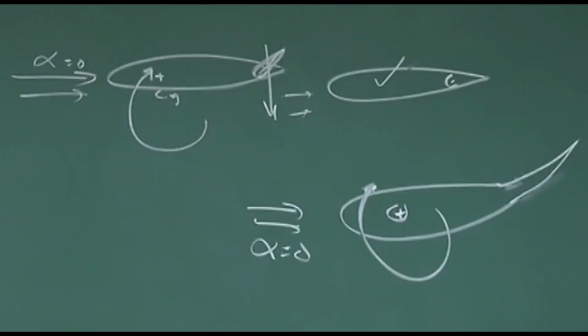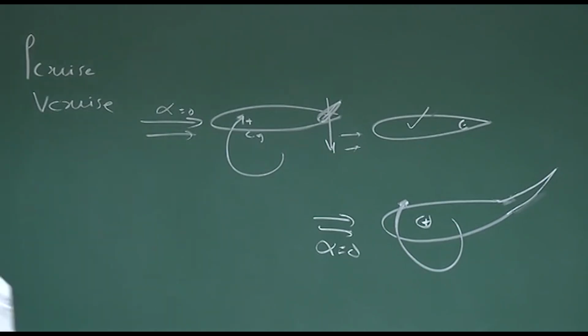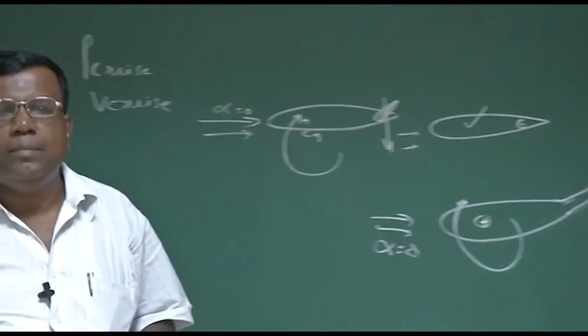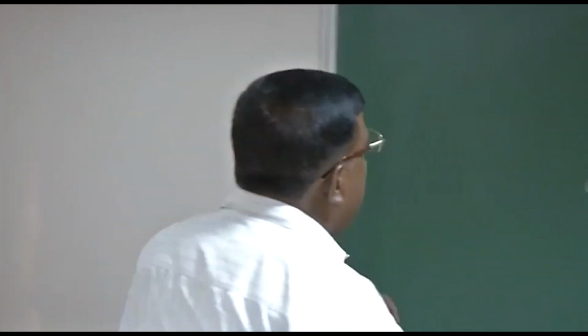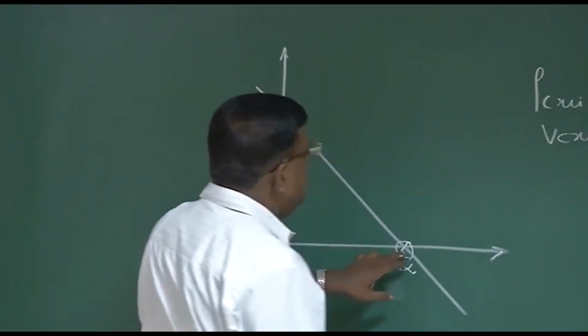The message is very clear: if I want to design an airplane which is statically stable, and it should be able to trim without any elevator deflection at the altitude or the cruise condition you are flying most of the time, then Cm naught should be generated by the wing and tail and other components, not by the elevator. Now suppose you are flying at this condition here.